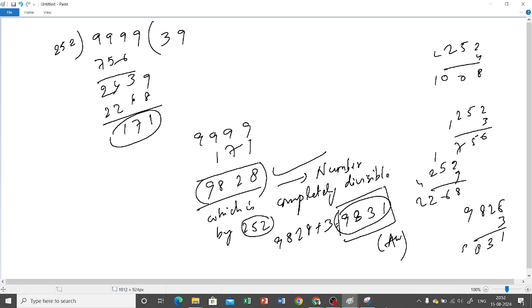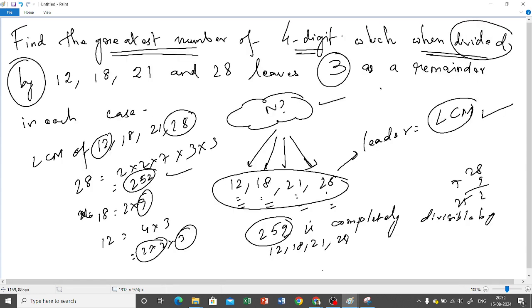Did you understand? So how can you break this sum? The first thing you need to see is whether the greatest number divides the given set of numbers or is divided by them. If it divides, then that means HCF. If it is divided by, it is LCM. You need to find the representative of these numbers, which is the LCM, by shortcut method: 252.